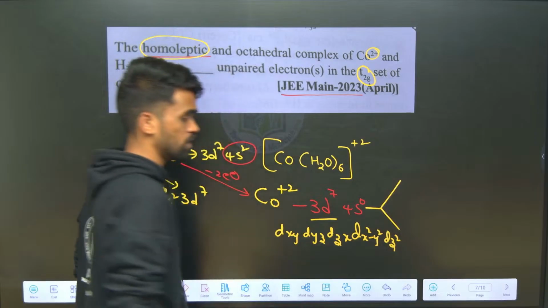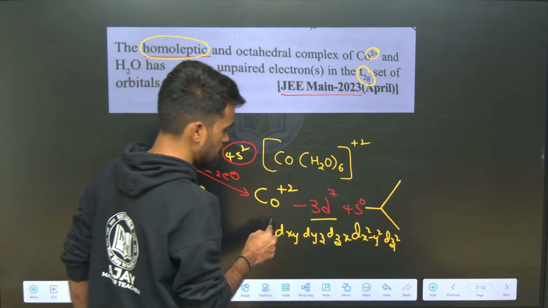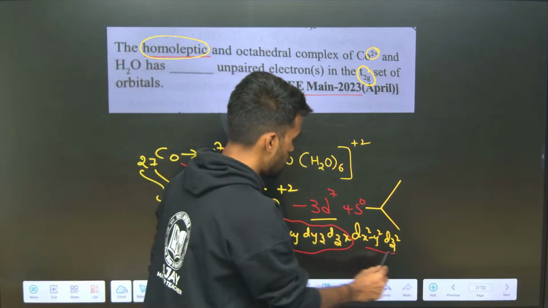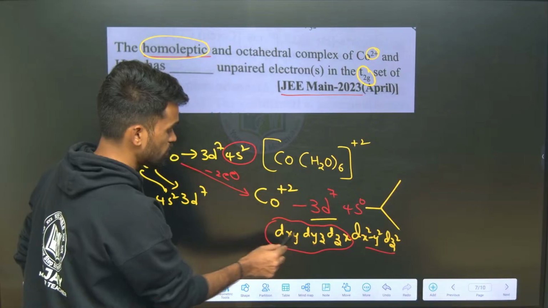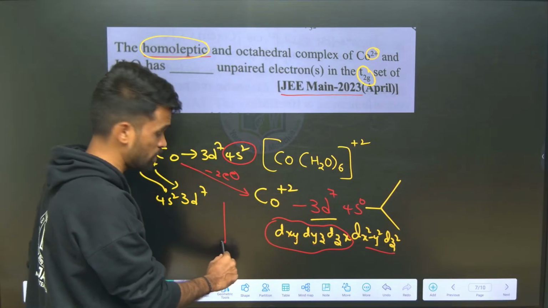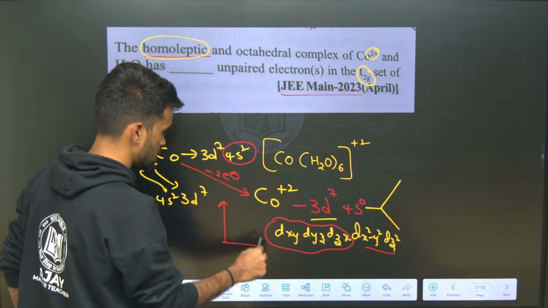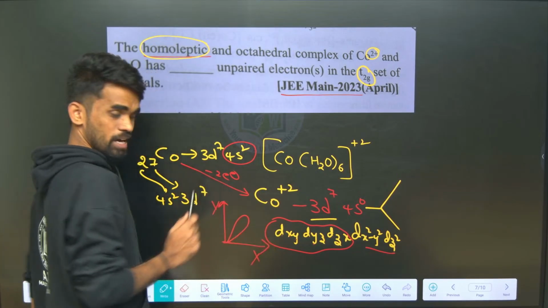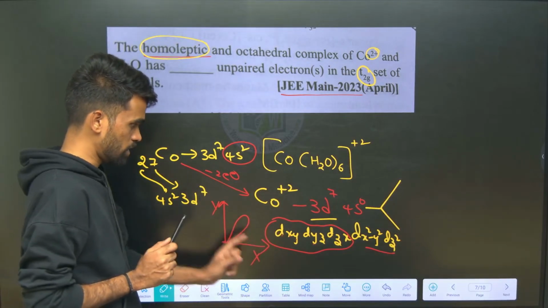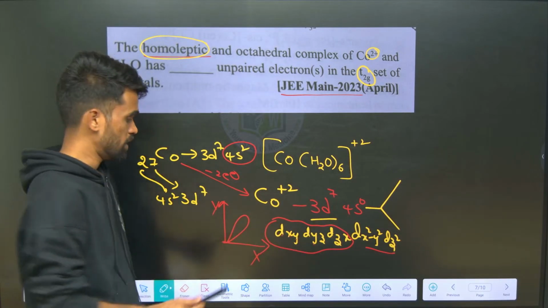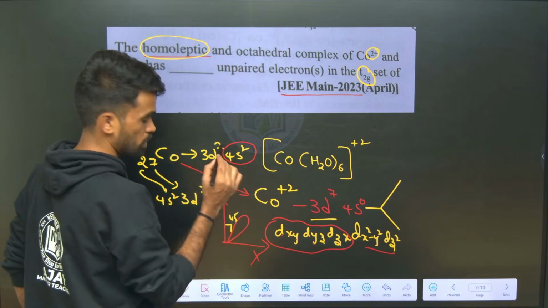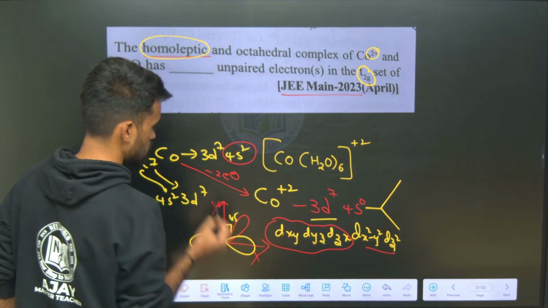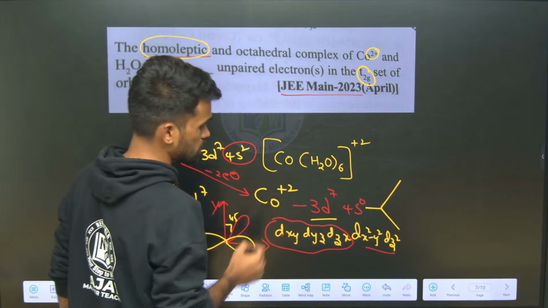Out of these, the first 3 are the orbitals in between the axes, and the other two are along the axes. dxy means the d orbital is between the x and y axes, at an angle of 45 degrees. So there are 2 sets of orbitals.